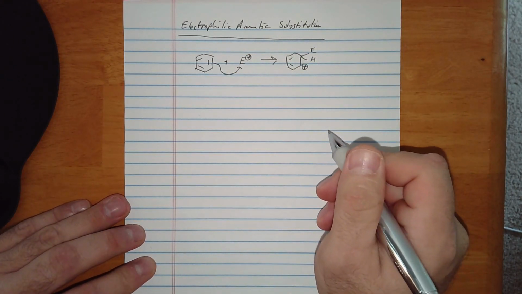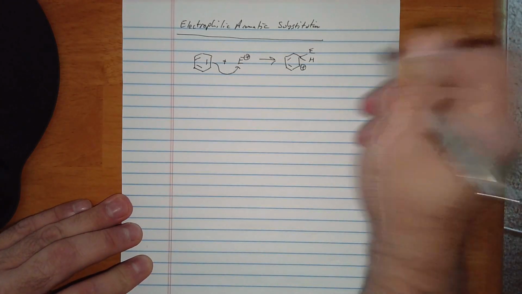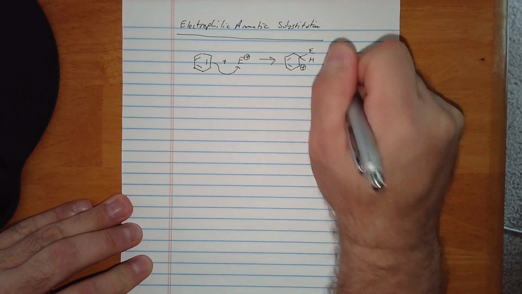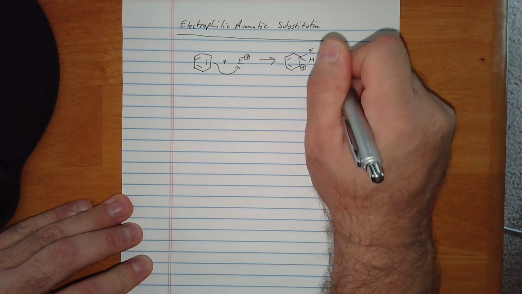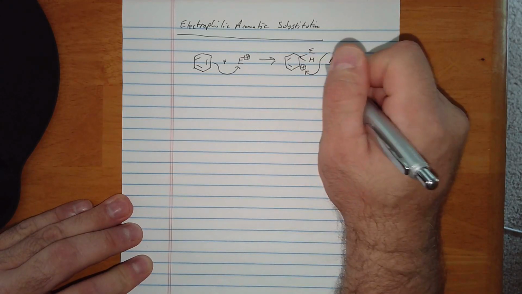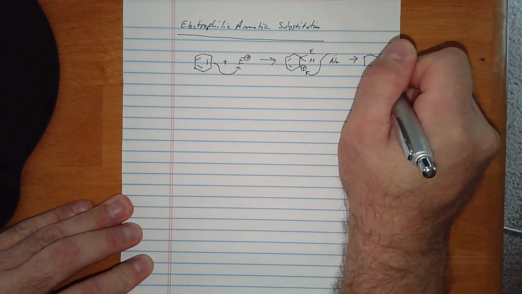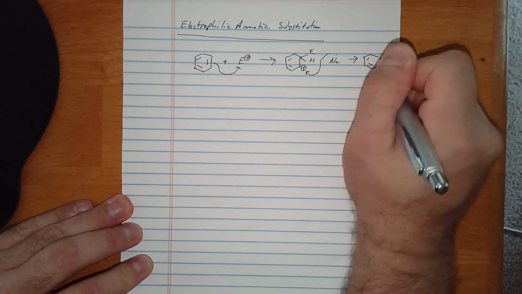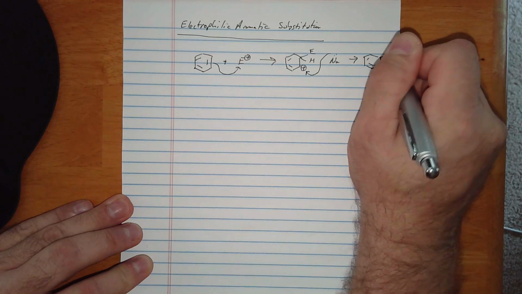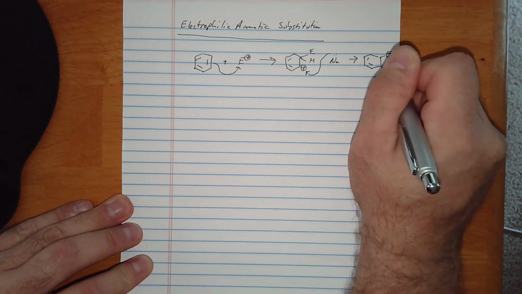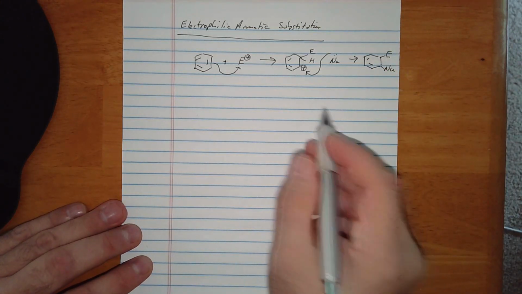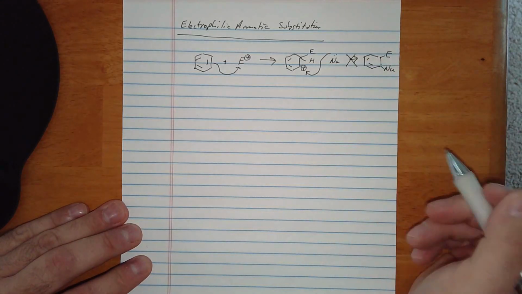Now, if this were an addition reaction, this next step would be your nucleophile coming in, attacking the cation to give you the addition product. In aromatic systems, we do not see this reaction.